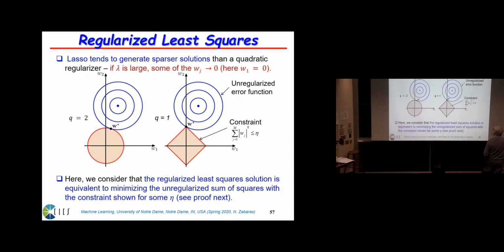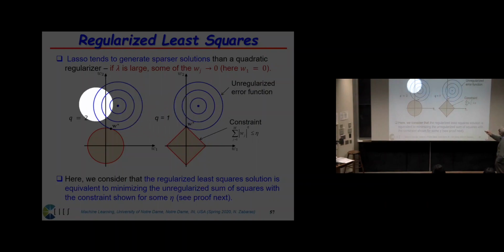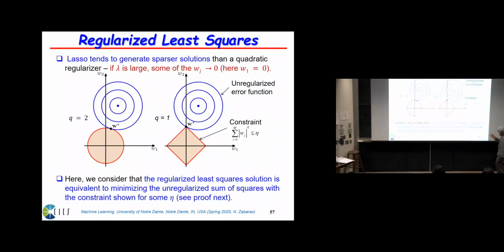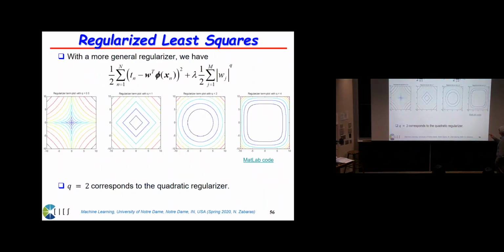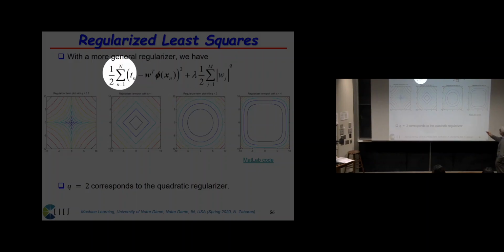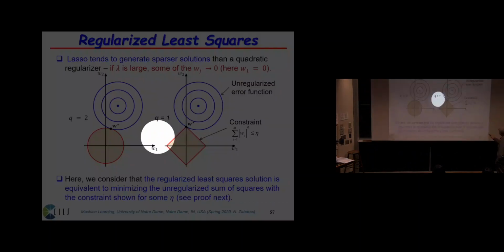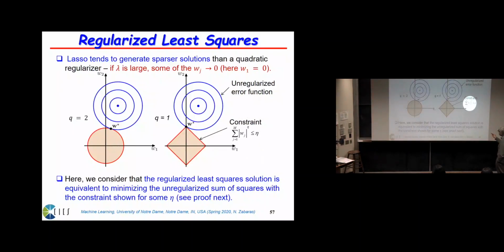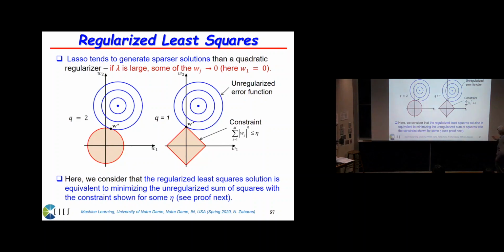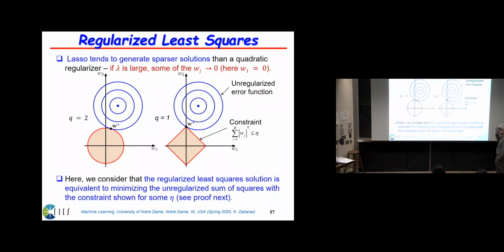I am saying minimize the error implied by the contours that you see here in blue with this constraint. And you have to believe me, the proof is on the next slide, that the optimization of this whole functional that you see here is the same as minimizing the first term with the following constraint. So rather than adding this regularization term, it is the same as introducing this constraint for some appropriate value of eta.